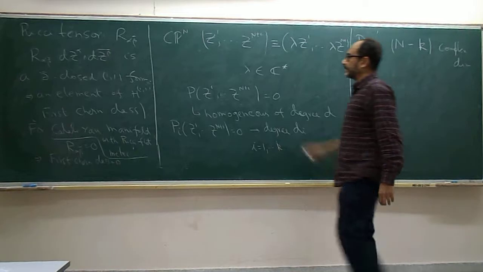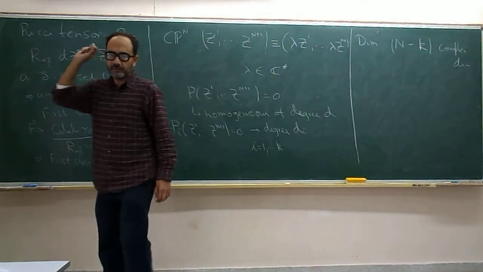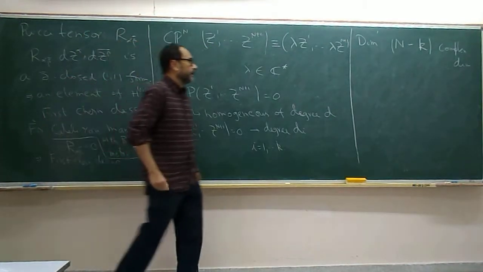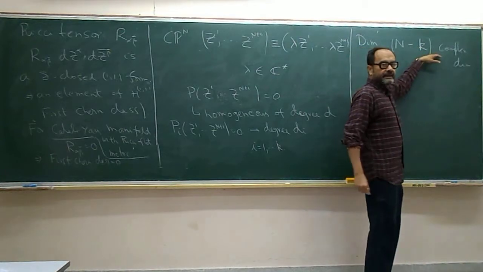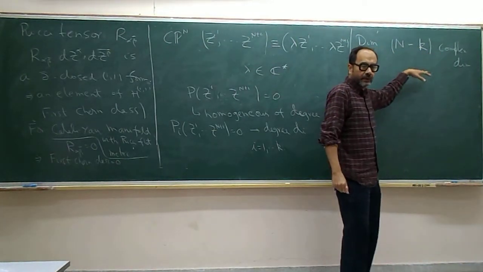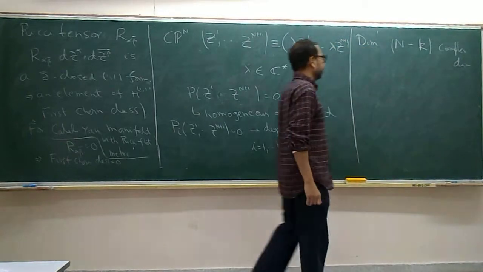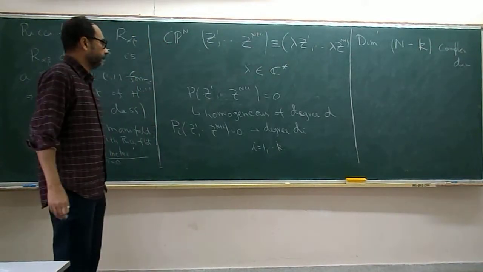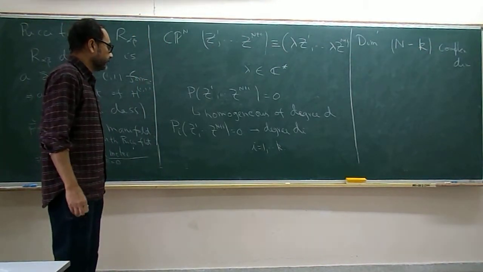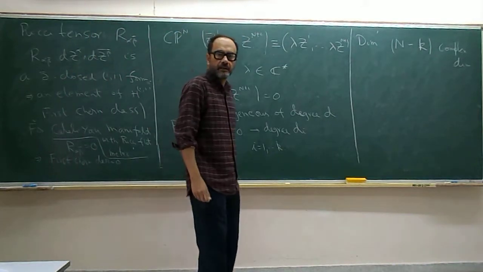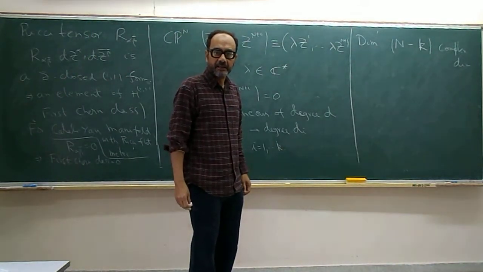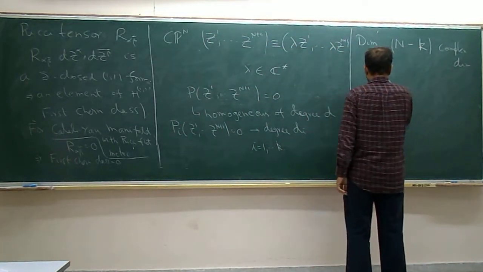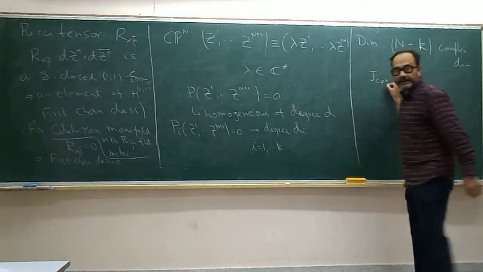Now it turns out that CPN is a Kähler manifold. And the Kähler structure of CPN also induces a Kähler structure on this submanifold. So this is also a Kähler manifold, which basically descends down from the Kähler structure of CPN. Suppose J is the Kähler form of CPN.